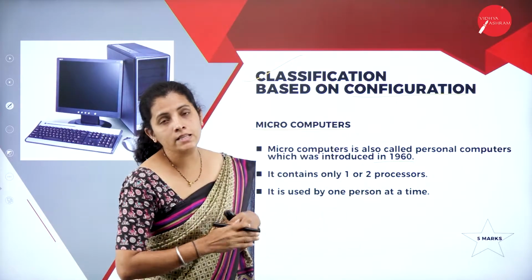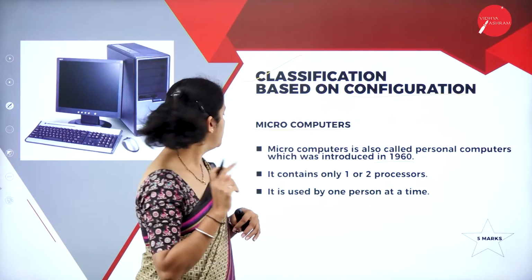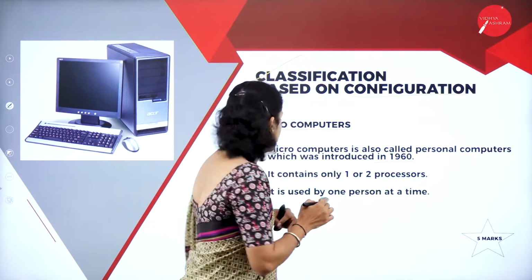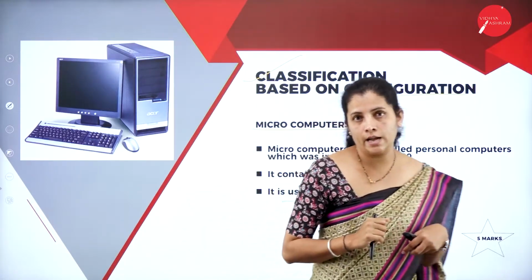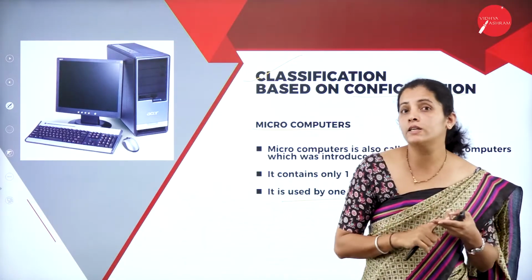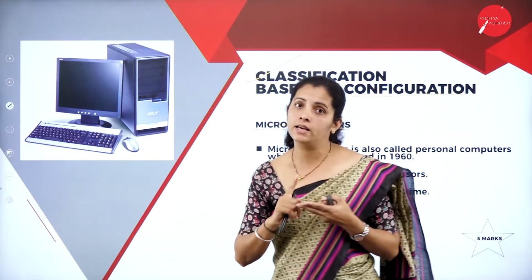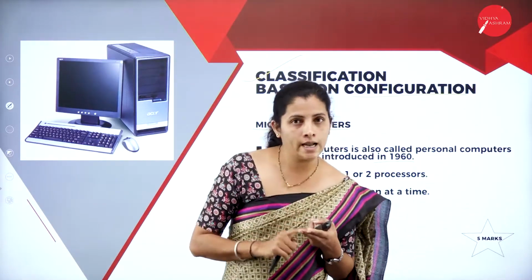It contains one or more processors and is used by one person at a time. That means only one user is capable of using the computer system at a time.